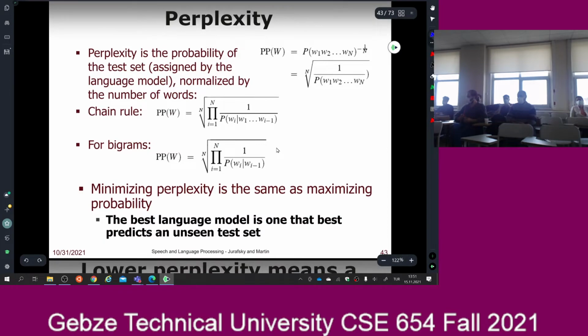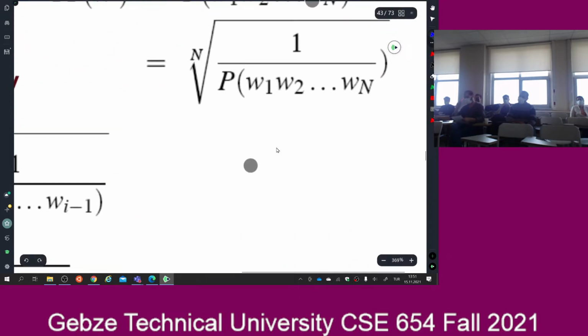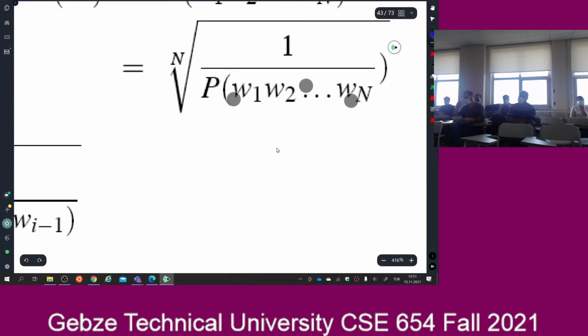So perplexity is the simplest measure that we are going to use to measure how good our model is for that language. So the formula is basically, okay, remember this is our probability estimation.